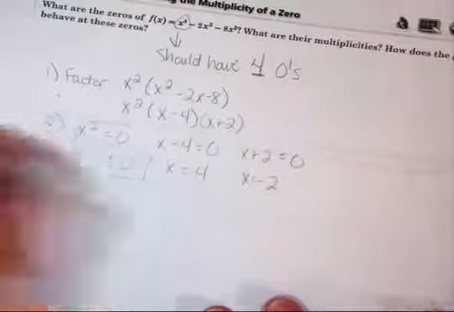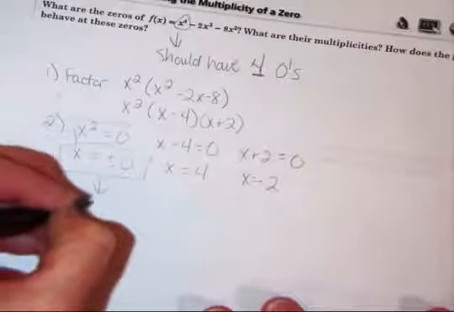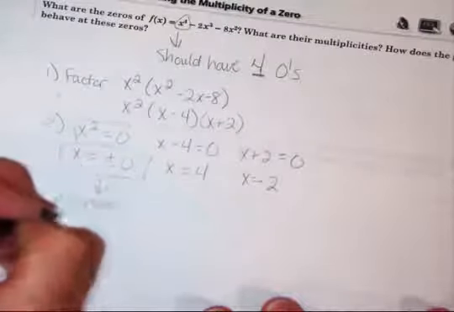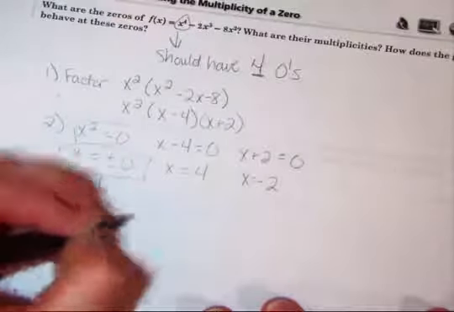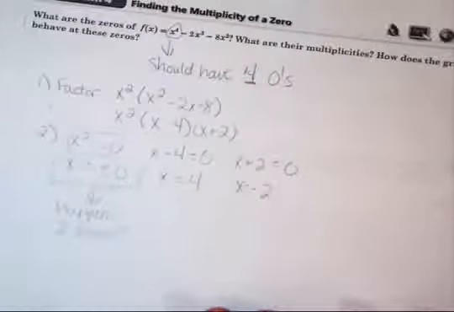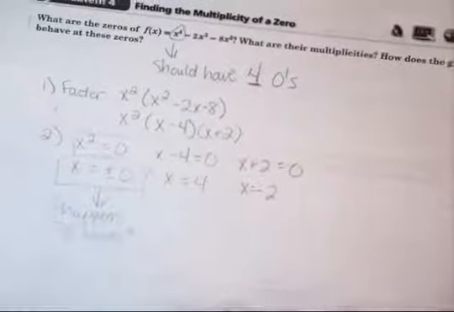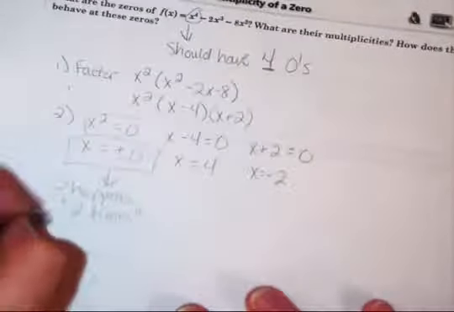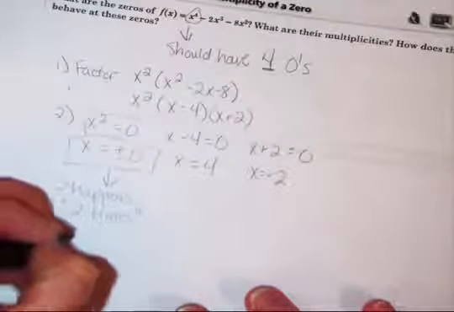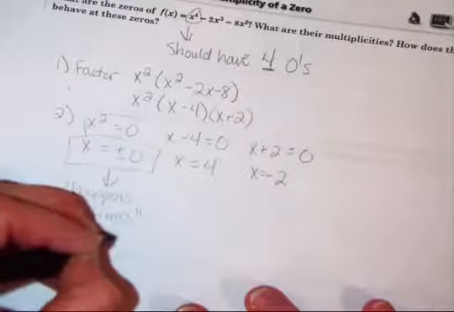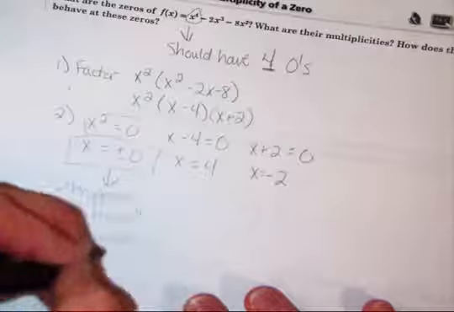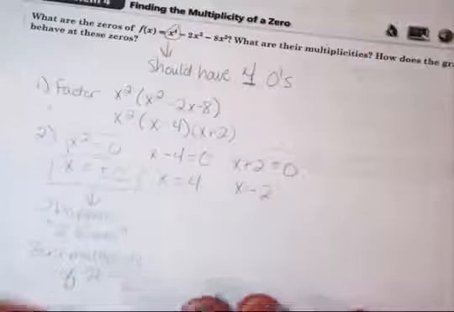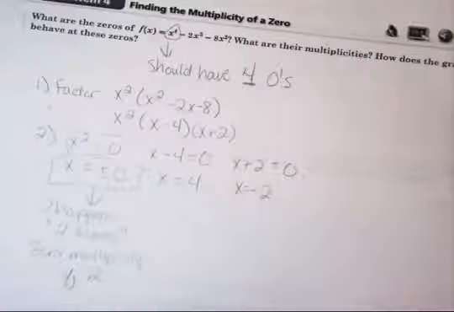So, this happened twice. I'm going to put that in quotes. This happens 2 times, okay? And what happens 2 times? 0 happens 2 times. So it has what we call a 0 multiplicity of 2, because 0 happens at plus and at minus.